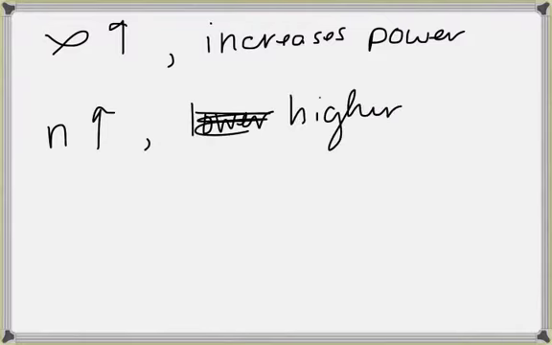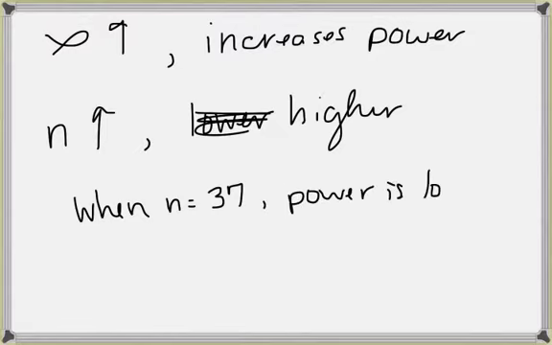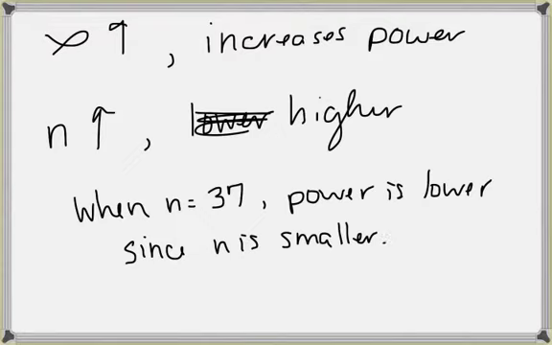So for this question, since our N is smaller, we would say that the power in this case is lower. So when N equals 37, power is lower since N is smaller. Okay, so as sample size increases, the power will also increase.